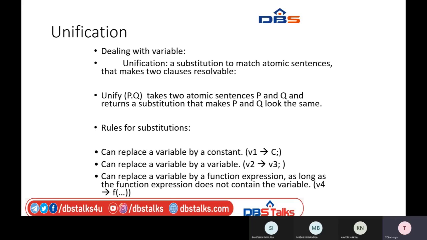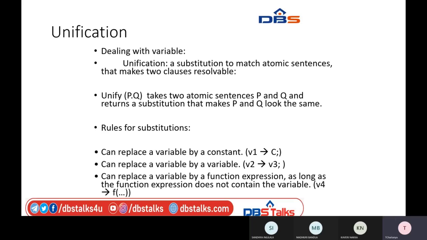Similarly, we can replace a variable by a function expression, as long as the function expression does not contain the variable v4. The third condition is that we can replace a variable by a function expression like f of v. We can replace the variable by a function, by a variable, or by a constant. These are the possible replacements.